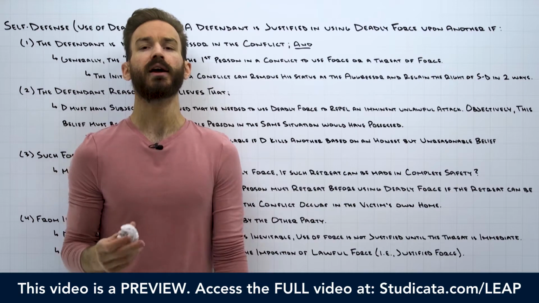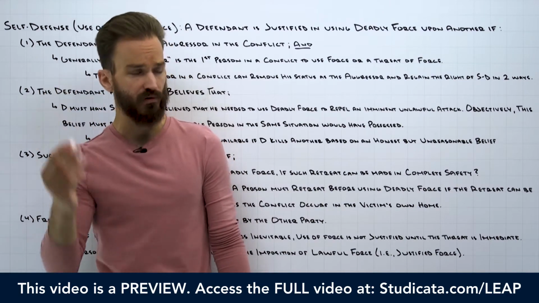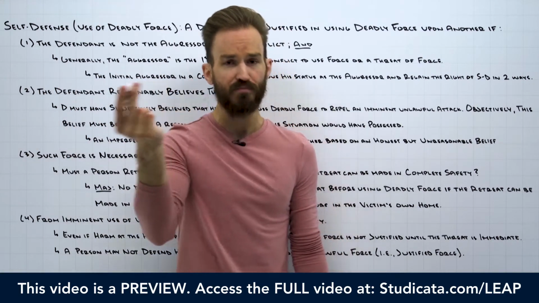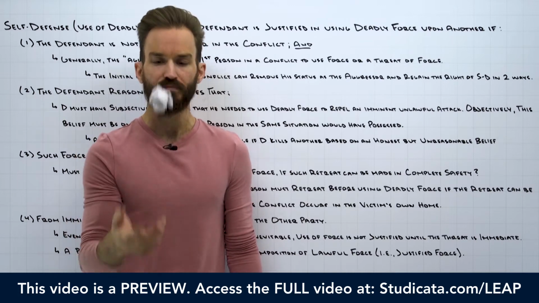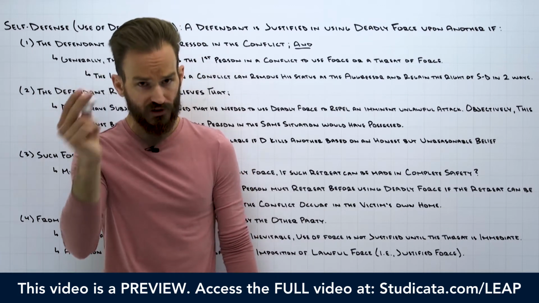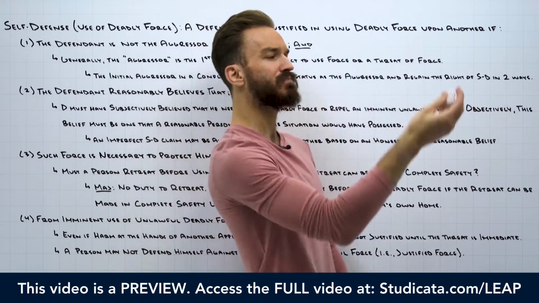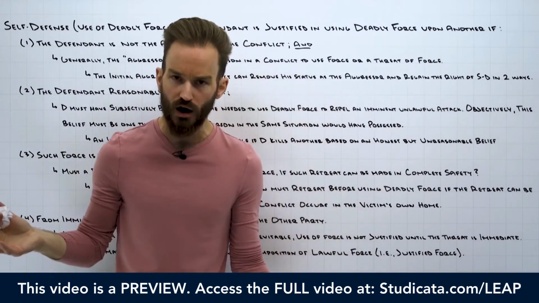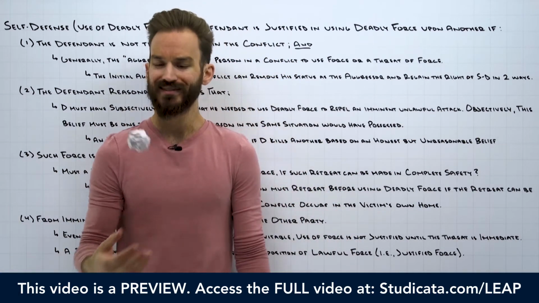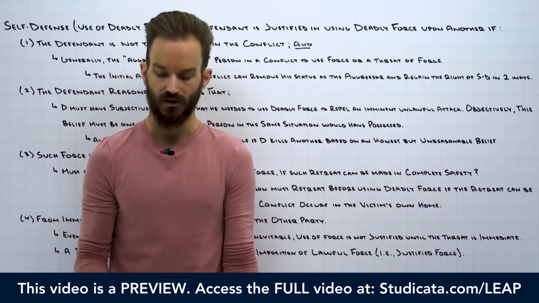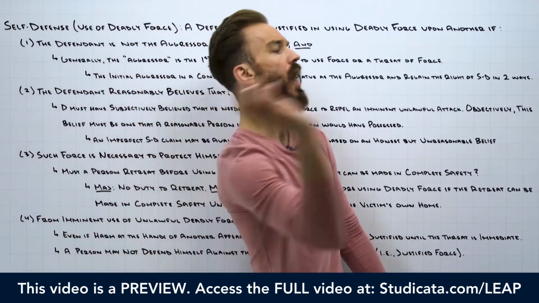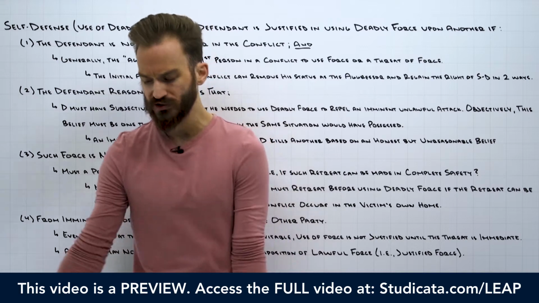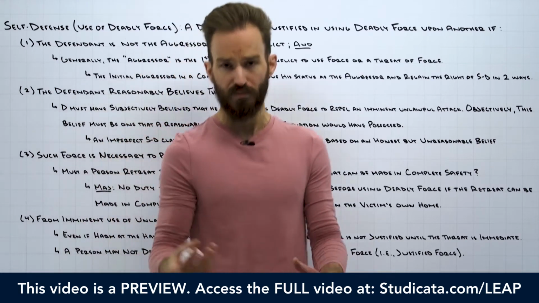The idea here is that throwing a balled up piece of paper is unlikely to cause any type of serious bodily harm or death. It's non-deadly force. When I'm throwing a wadded up ball of paper at somebody, the worst case, realistically, is probably a paper cut.